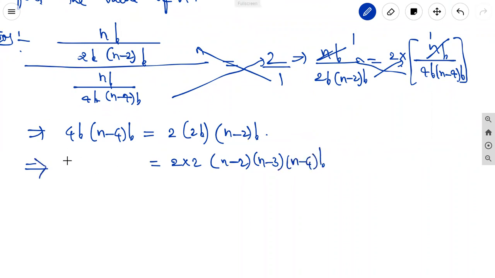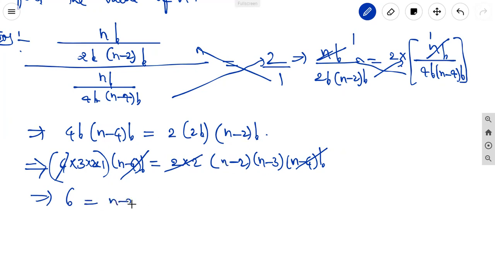Here 4 factorial can be written as 4 into 3 factorial, meaning 3 into 2 into 1. So n minus 4 factorial, n minus 4 factorial cancel. 2 2s are 4, 4 cancel. 3 2s are 6 equal to n minus 2 into n minus 3. 6 equals n square minus 3n minus 2n plus 3 2s are 6.